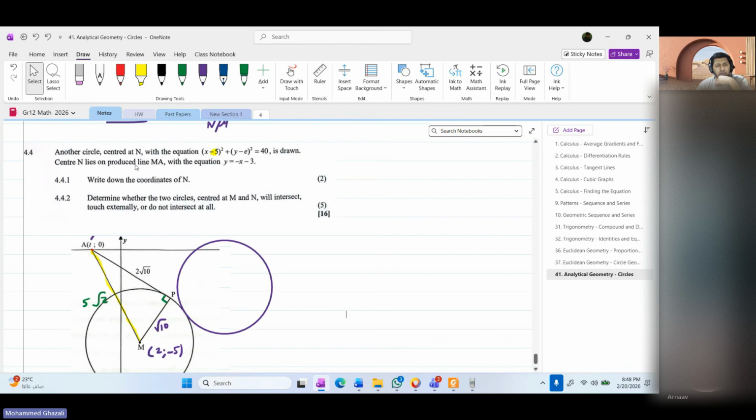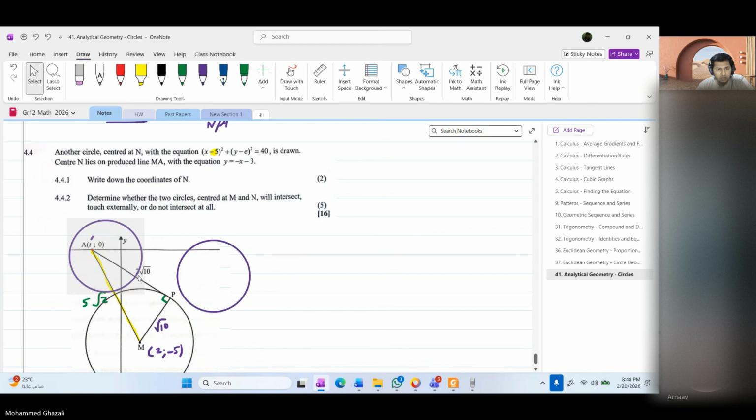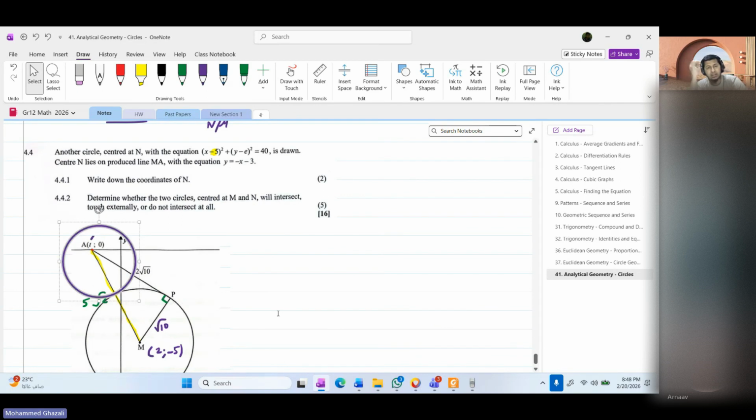This line is produced MA. Center N lies there. How? Center N lies on produced line MA, and the equation x minus 5 all squared, how can it lie on that side when the x value is positive? Write down the coordinates of N.